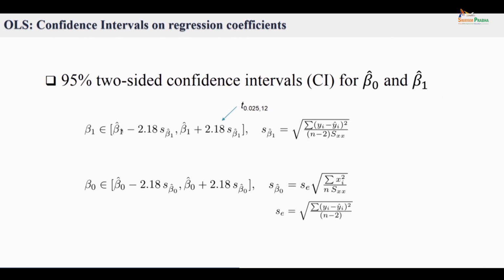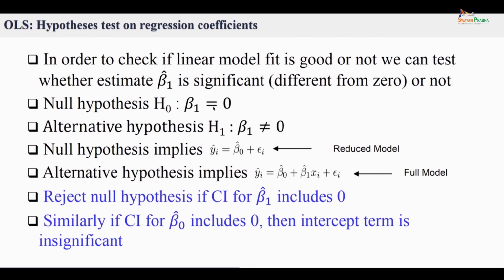On the other hand, if the interval is completely to the left of 0, which means both quantities are negative, or to the right of 0, which means both are positive, then this interval will not contain 0, and we reject the null hypothesis that beta 1 equals 0, which means beta 1 is significant.